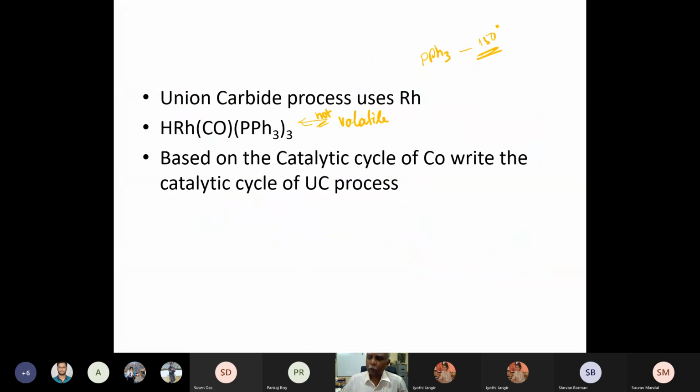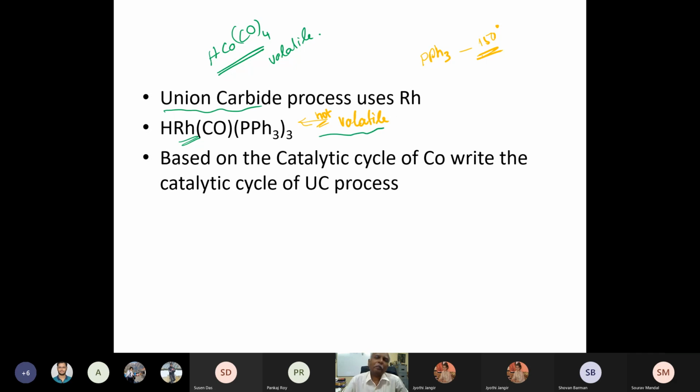So this is called the Union Carbide process. And the Union Carbide process differs from the previous process that I told you in that it uses rhodium. Again, a more expensive metal. But why do they use it? In the previous process, you were using HCo(CO)4. HCo(CO)4 is volatile. And RhH(CO)(PPh3)3, which is the catalyst used by Union Carbide, is not volatile.